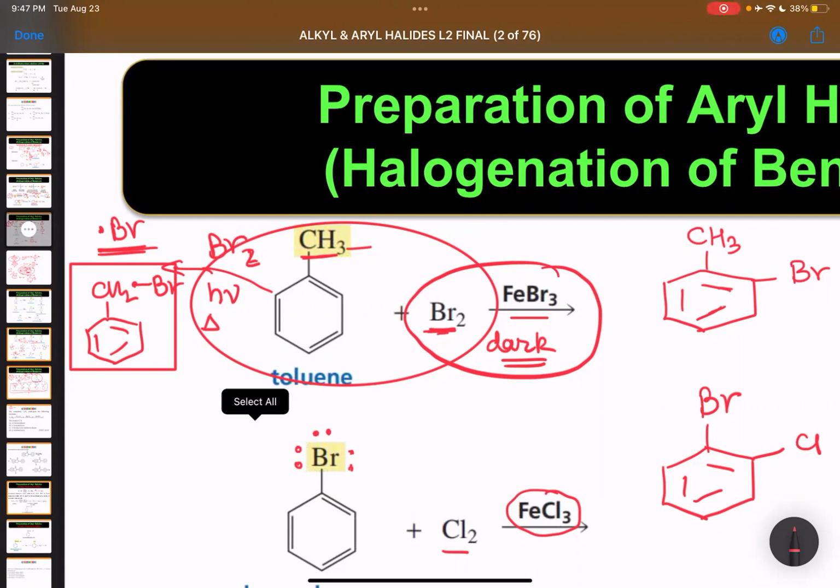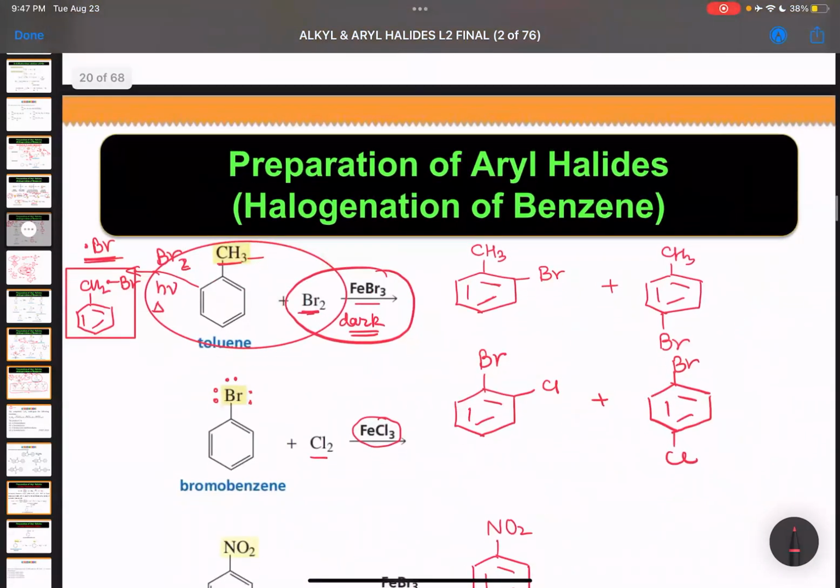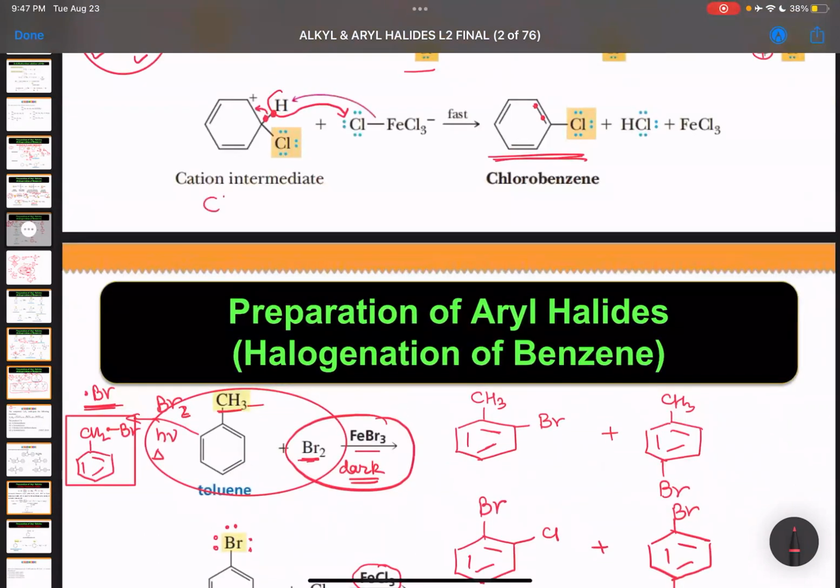Though you were not there in the earlier class, any idea about this photohalogenation? For example, if you take methane and mix it with chlorine and give sunlight or heat, what happens?